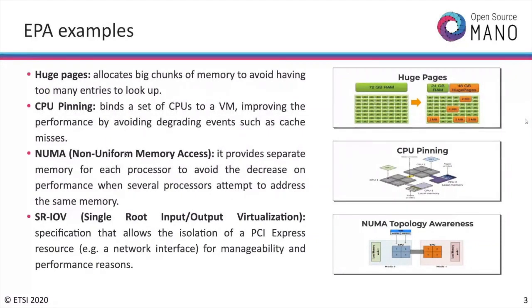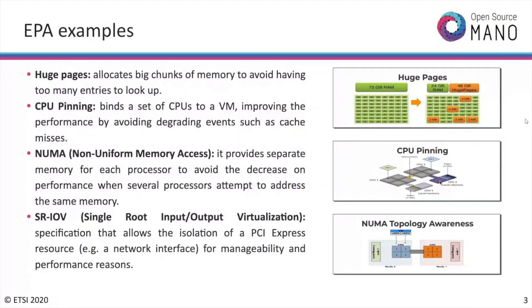Non-uniform memory access topologies are topologies that have a memory space dedicated to the CPU, and this is called a node. The physical set or group of CPU, memory, and interface resources are separated in different nodes.